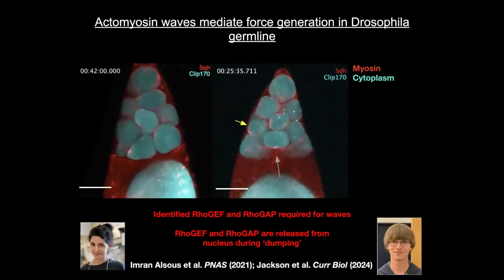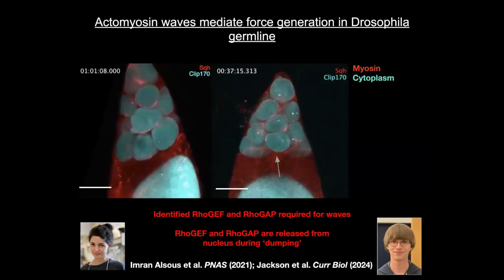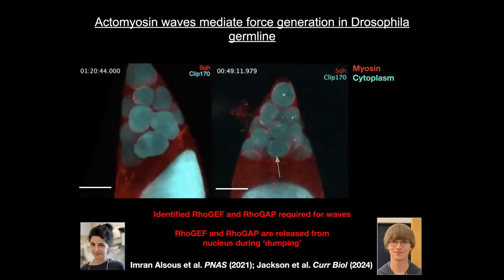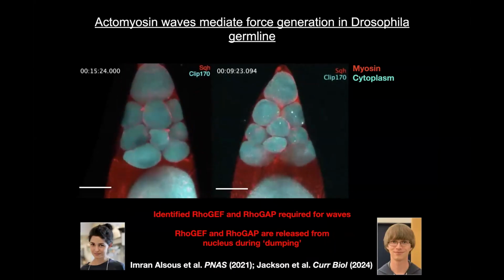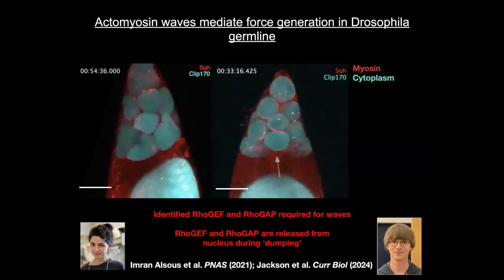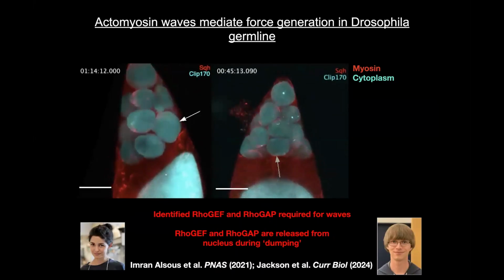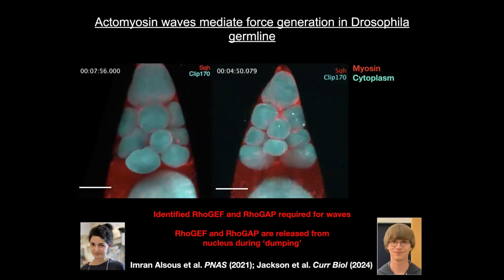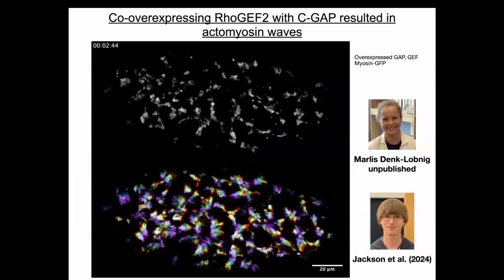So we went back to our Drosophila embryo and the mesoderm to ask, could we induce a similar type of dynamic in the mesoderm? And it turned out we could. We co-overexpressed a different GEF and GAP, the two that were involved in the mesoderm.